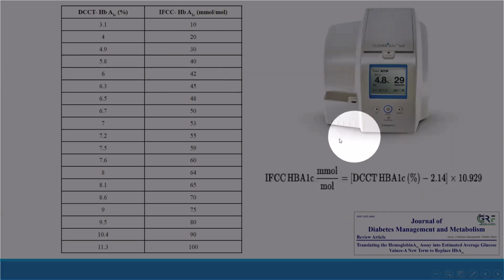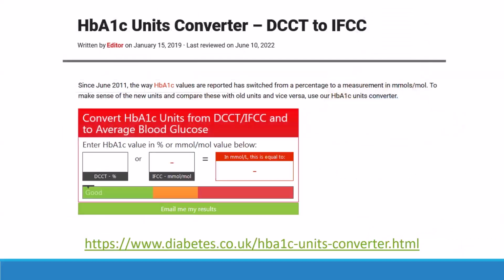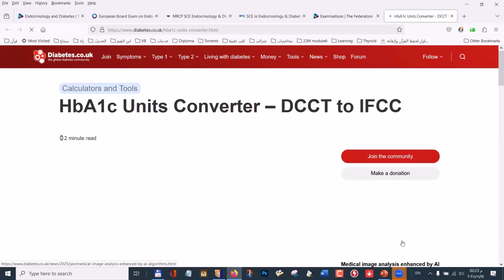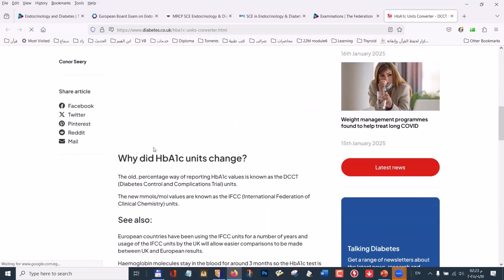This is how to convert from percent to millimole per mole and vice versa. And actually you will see a lot of online applications like this, showing how to convert units from DCCT to IFCC units. And if we go to this website, which is a converter of hemoglobin A1C, you will see like this.